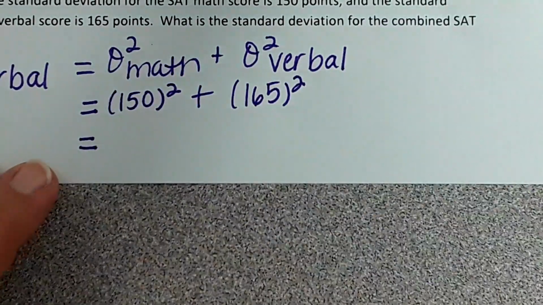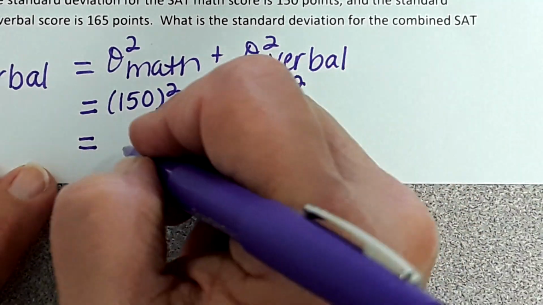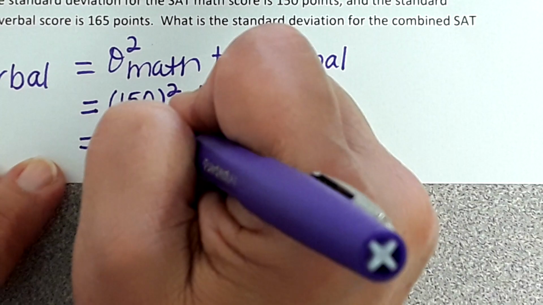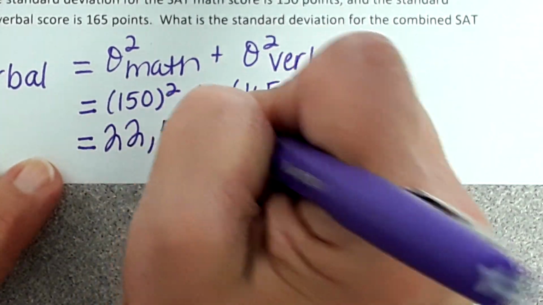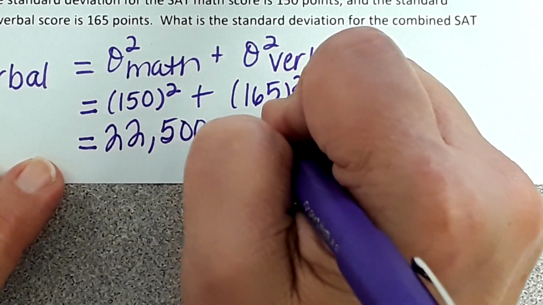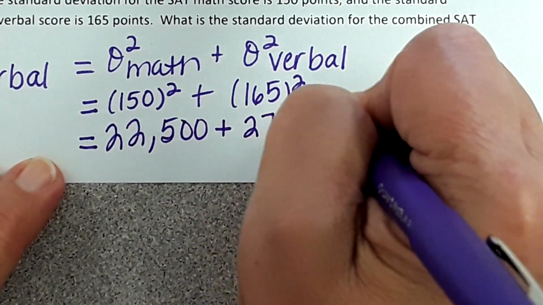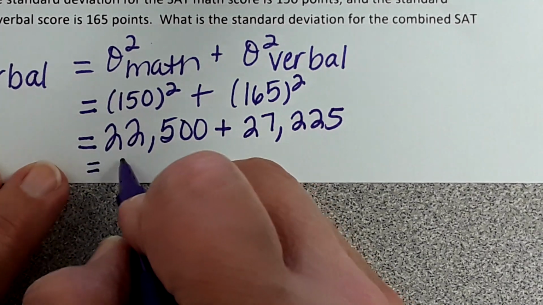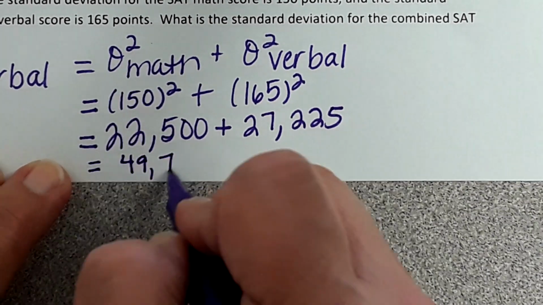I do, I have the answer written. Okay, 22,500. 165 squared is 27,225. And that equals 49,725.